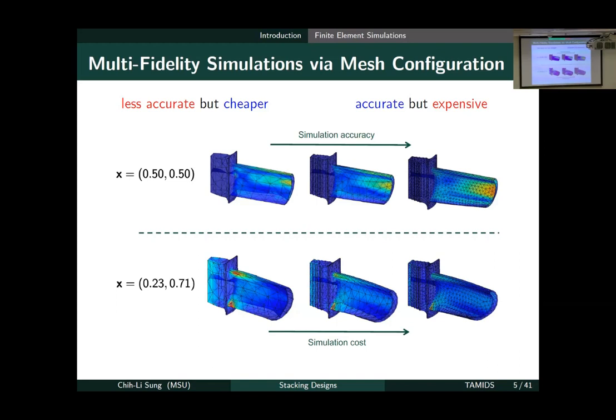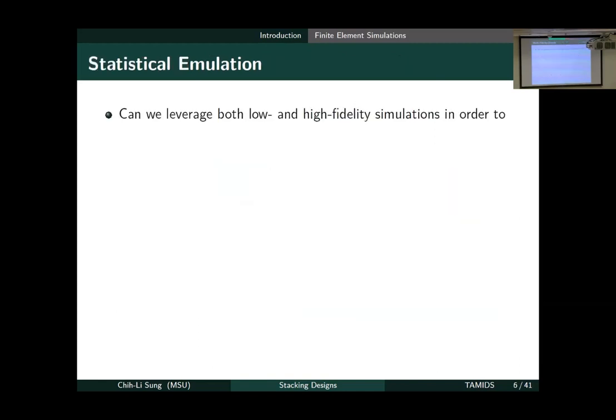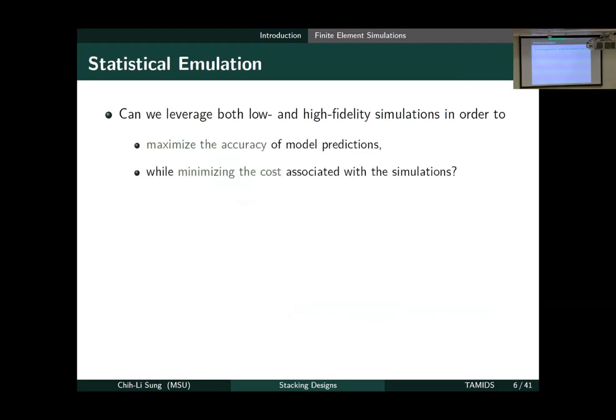All right. So we want to build a surrogate model or statistical model that can leverage both the low and high fidelity simulations. So this is our objective: can we leverage both low fidelity and high fidelity simulations in order to, first of all, maximize the accuracy of prediction? And also we want to minimize the cost associated with these simulations.